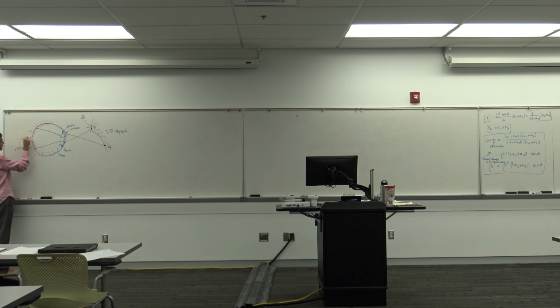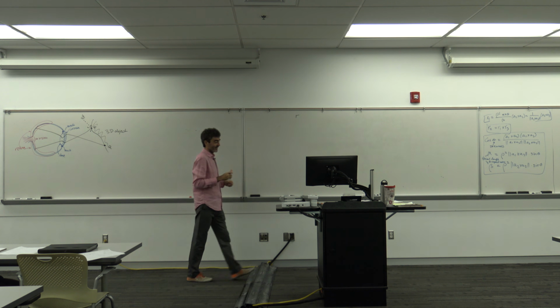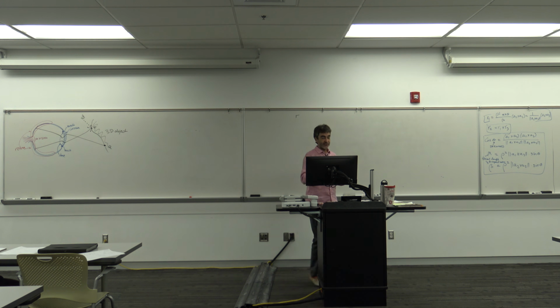So this is all the axons that send the information to the back of the brain. Okay? But what happens because of this, you have no vision here. Now, I'm sorry to disappoint you, but there is an area in your visual field that you don't see.